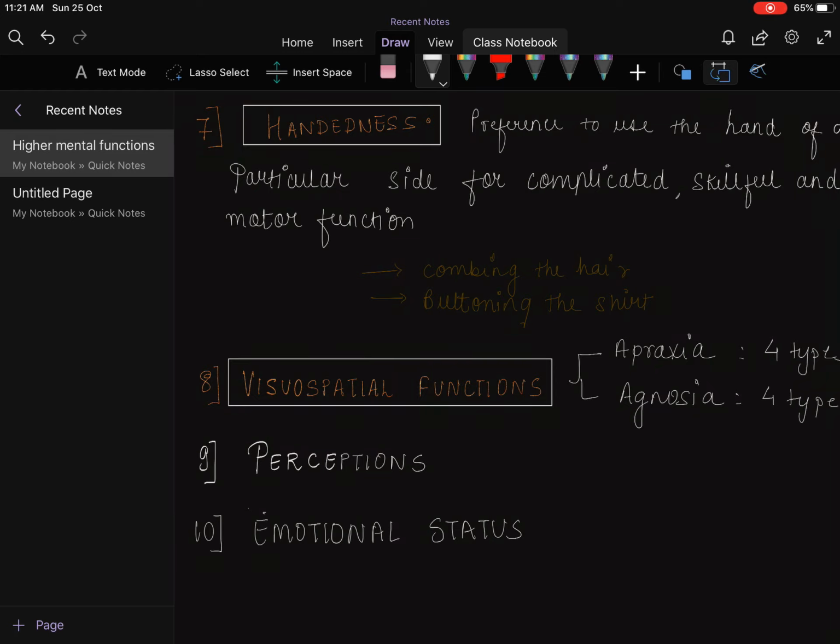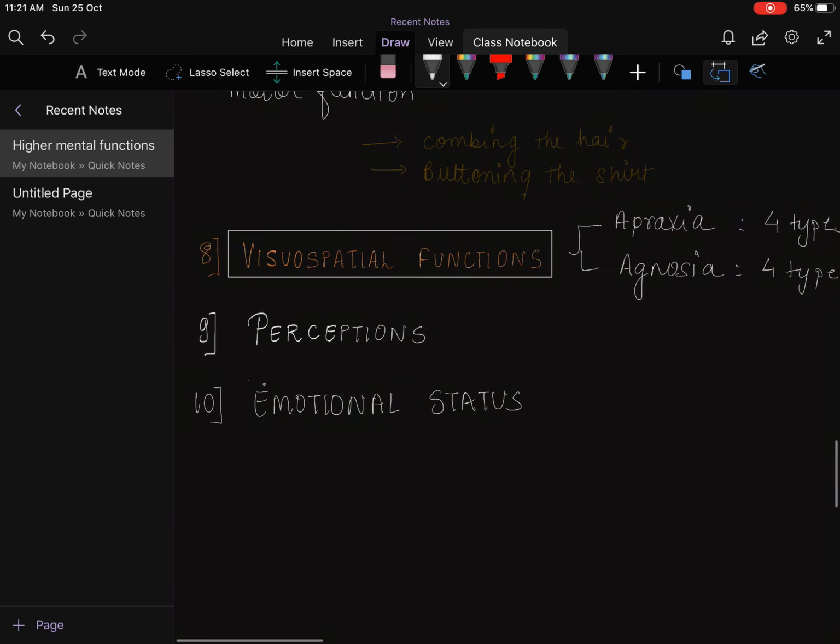Emotional status is something which you can ask the patient, or you can simply conclude yourself. There are two types here which you should know: mood and affect. Mood is the prevailing emotional state, and affect is the emotional experience evoked by a particular stimulus.